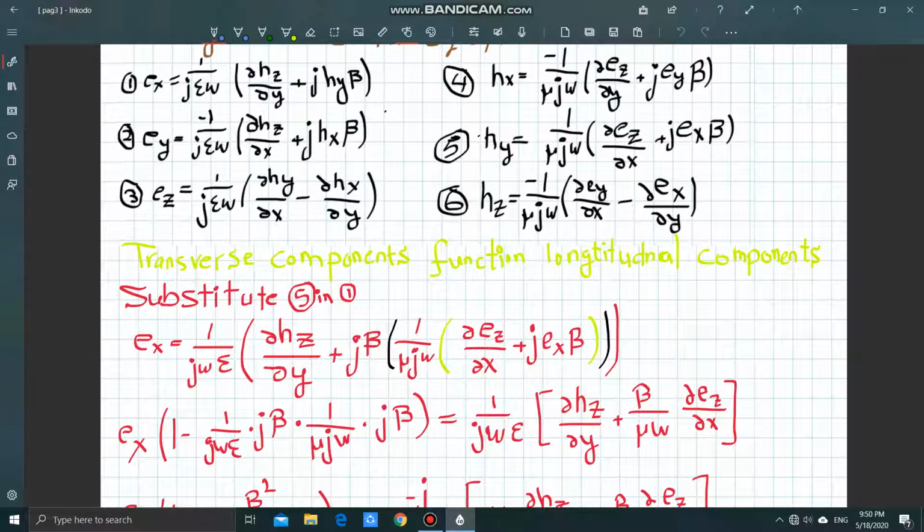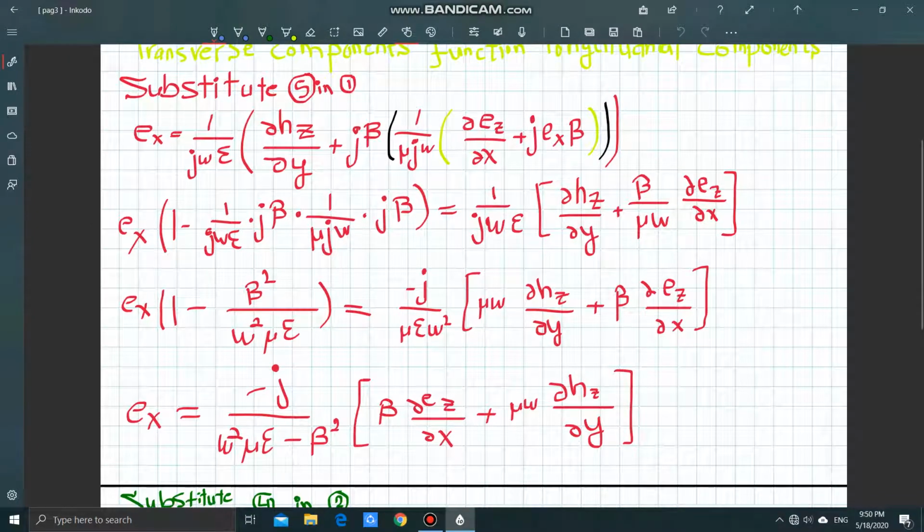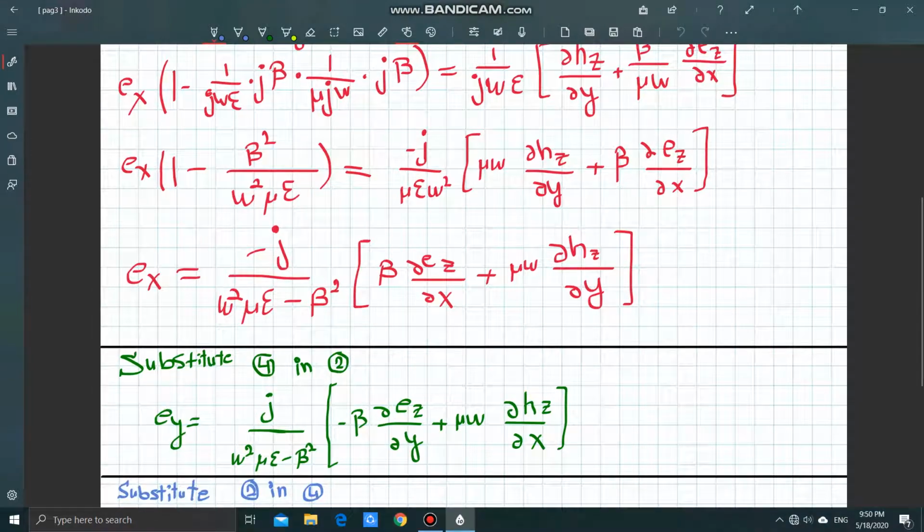If we substitute equation 5 into equation 1 by removing Hy and replacing it by this expression, and with a little bit of mathematics, we can reach this expression. Notice that Ex is a function of Ez and Hz.